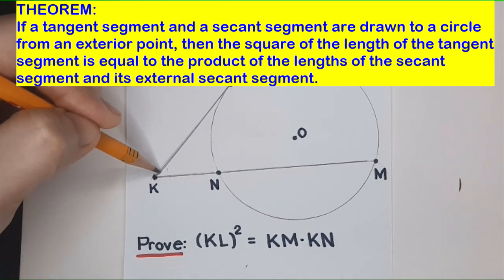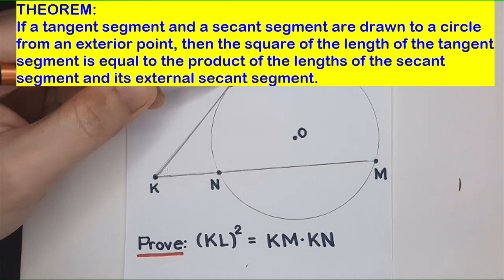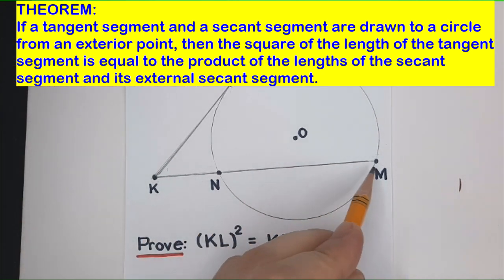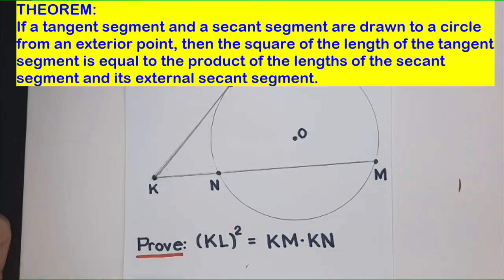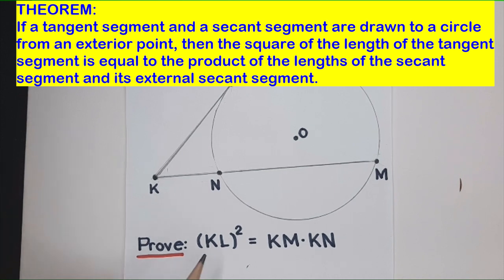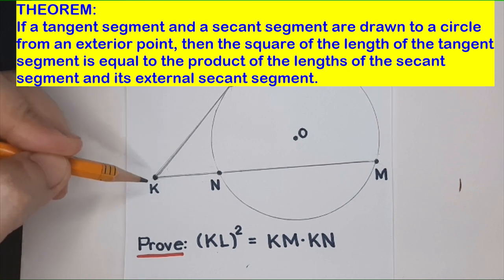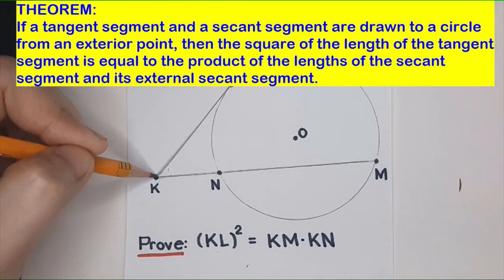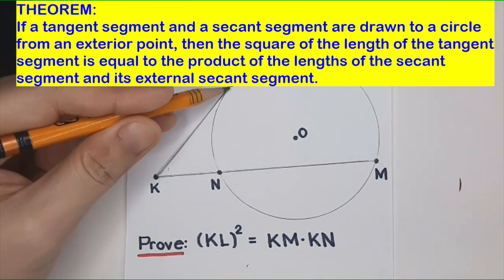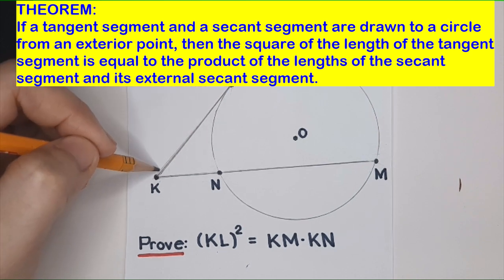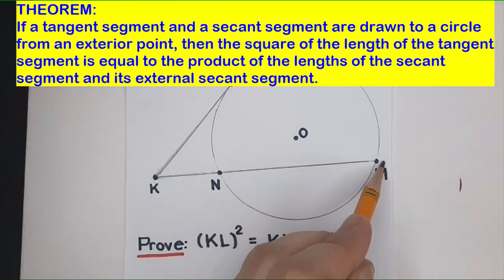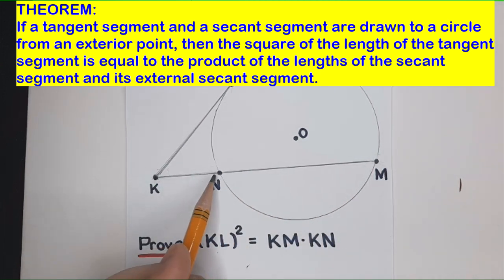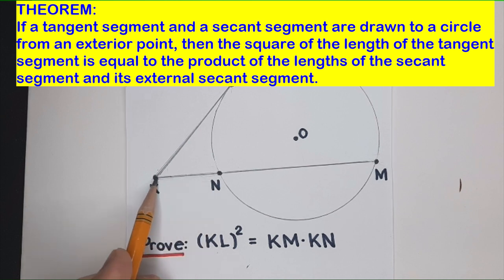We have a tangent segment, right? And a secant segment. Okay? So, if we have like this, according to the theorem, the square of the length of the tangent segment, so here, square mo daw kung ano yung length nito, you square it, it is equal to the product of the lengths of the secant segment here and the external secant segment.